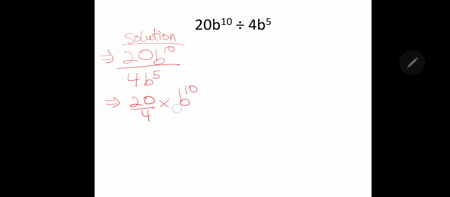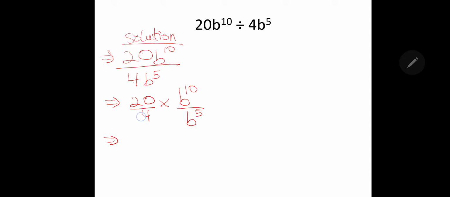So write 20b to the power 10 divided by 4b to the power 5. So what do you have? The numbers at one place and the alphabet at one place. 20 over 4 times b to the power 10 over b to the power 5.